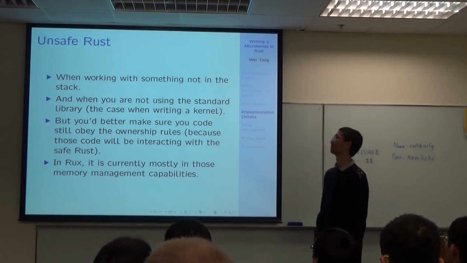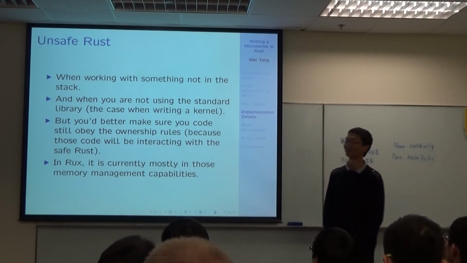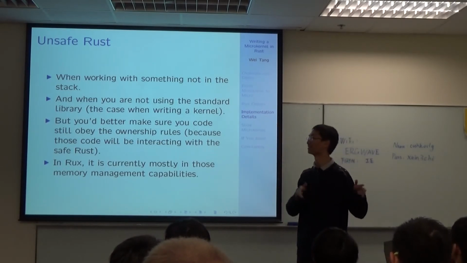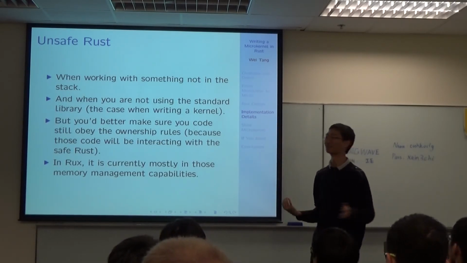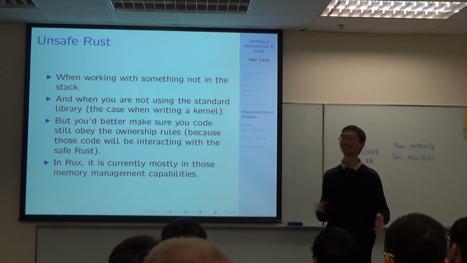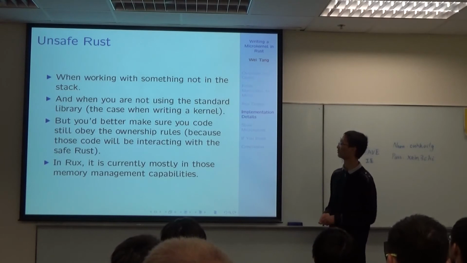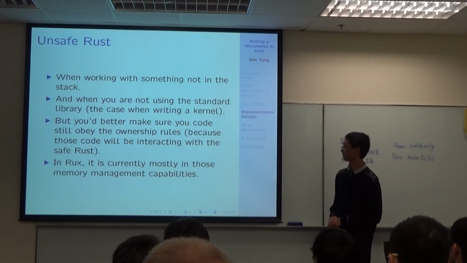But you better make sure you still obey the ownership rules, because that unsafe Rust needs to interact with the safe Rust code, and you may leak memory or do some other thing that you don't want. Yeah, Rust is currently mostly used in those memory management activities.